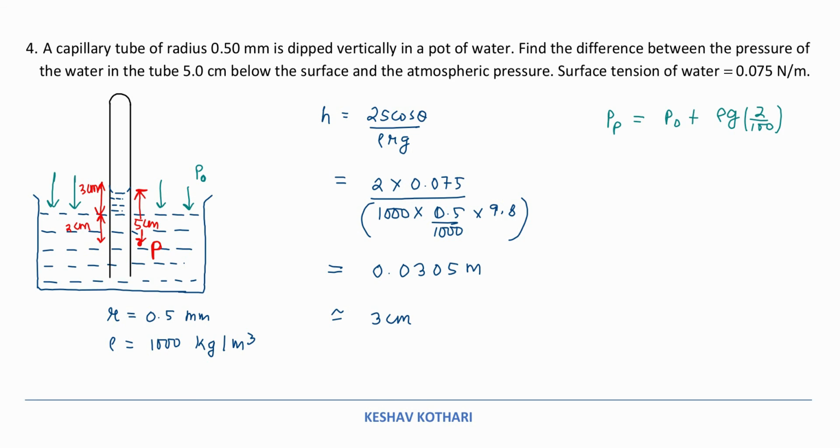The problem is asking the difference between the pressure of water in the tube and the atmospheric pressure, that is, Pp minus P naught. So it is 1000 into 9.8 into 2 by 100. If I solve this, we attain a value equal to 196 Newton per meter square, or 196 Pascal. Let us deal with the next problem.